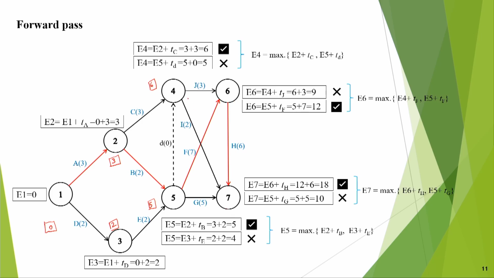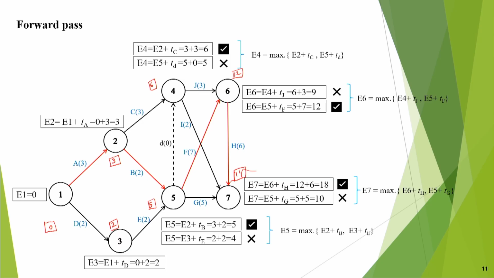This path also is there, 6 plus 3 is 9, but 5 plus this one, 7. So 7 plus 5 is 12. So this will naturally be 12, and then 12 plus 6 is 18. So I will write 18 here.